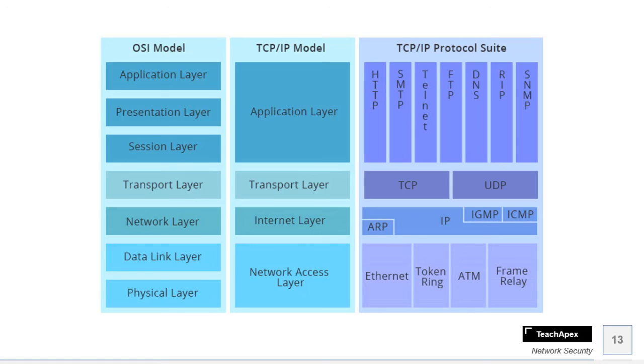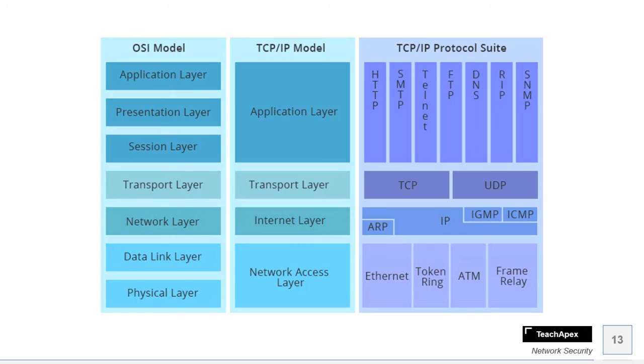And as I said, you can see the protocols that are used at these layers. Like at network access layer, we are using Ethernet, token ring, ATM, frame relay. Then at internet layer, you can see ARP, RARP, IP, IGMP, ICMP.